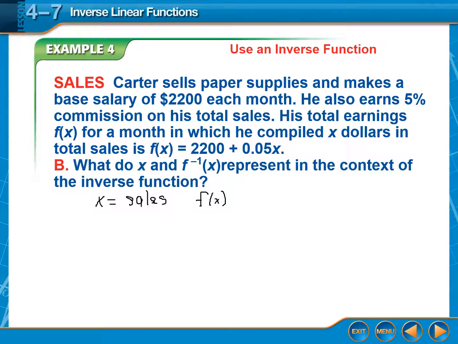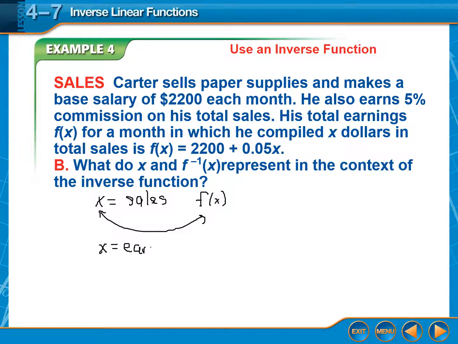Well, in an inverse function, what do we do? We switch x and f of x, right? So now, instead of x being sales, the inverse becomes the sales, and x becomes his earnings for the month. Okay, so we're still dealing with the same two variables, right?